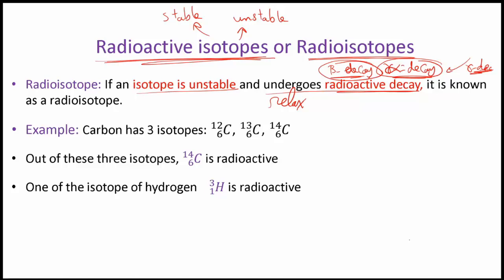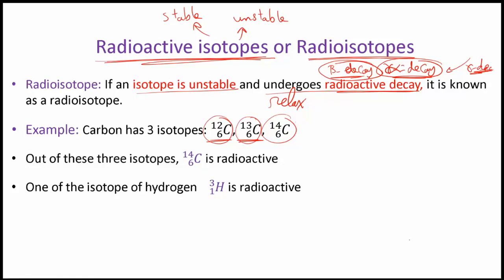For example, carbon has 3 isotopes: carbon 12, 13, and 14. One of them is unstable. Which one of them is unstable? What do you think? The carbon 12 or the 13 or the 14? If I tell you that one of them is a radioisotope, which one of them? Can you guess?